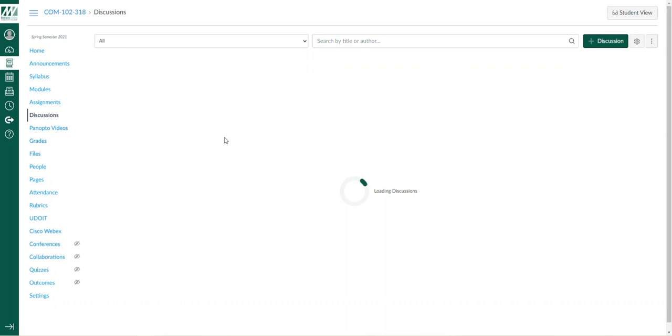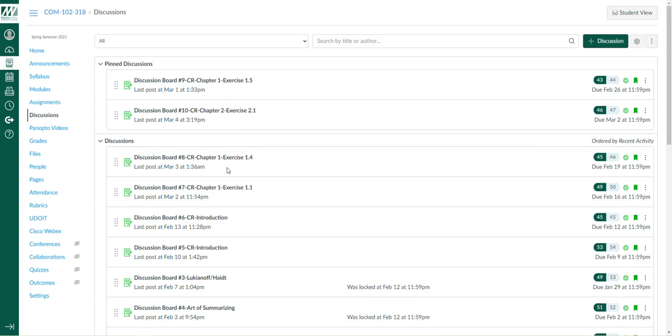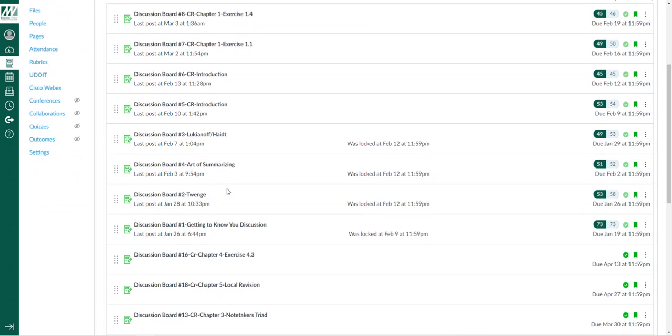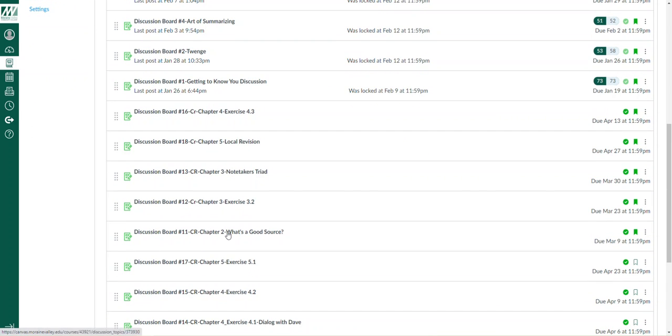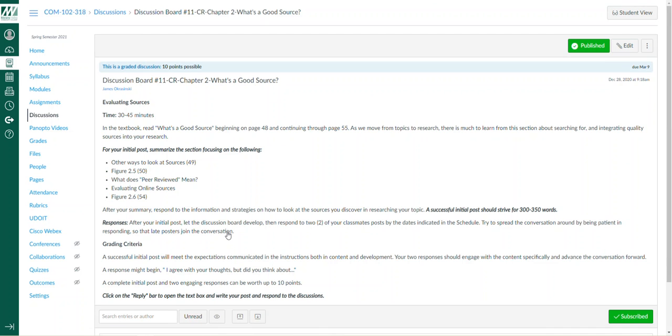Discussion board number 11 is going to be, let me find discussion board 11 here. What's a good source? This is an important discussion board activity, much like exercise 1.5 in chapter 1. I'm asking you to dig into the textbook, read what's a good source beginning on page 48 through 55.